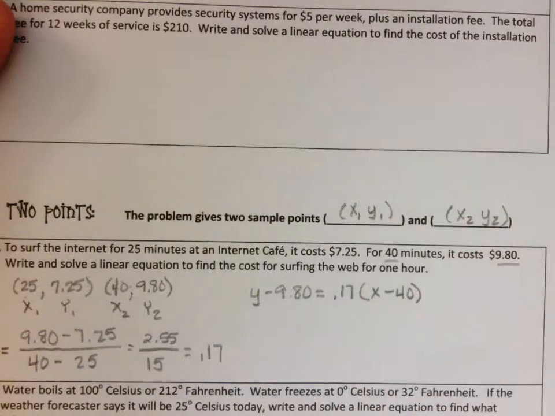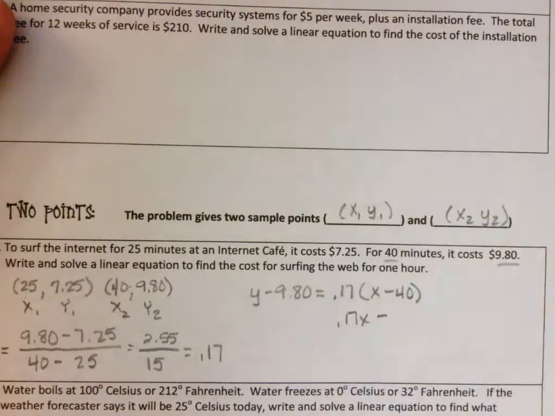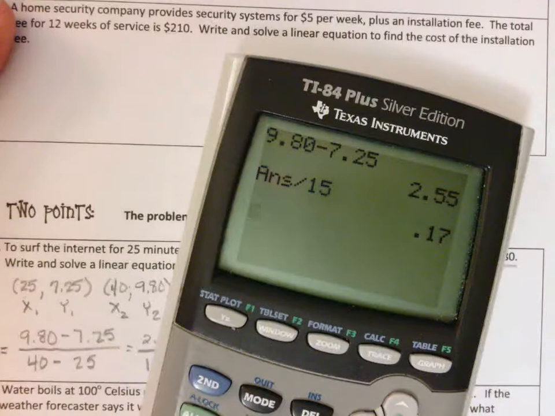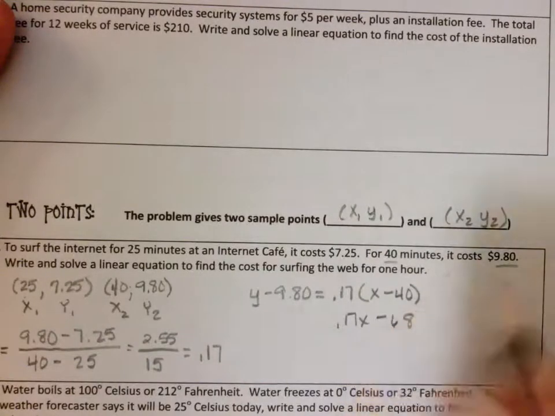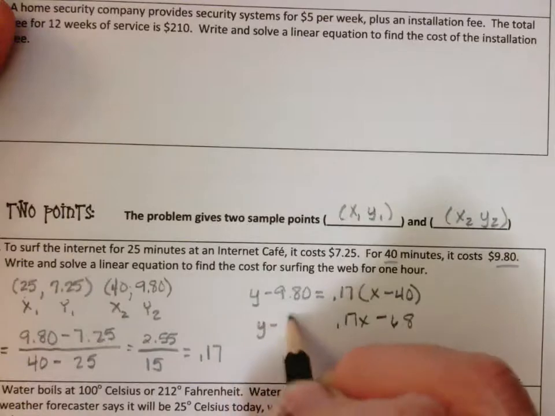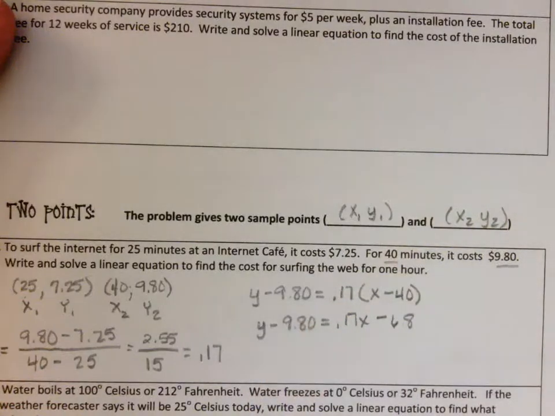So the first step is to distribute my slope of 0.17, so I get 0.17x minus, and then 0.17 times 40 is 6.8. So that's where we are in our equation so far.